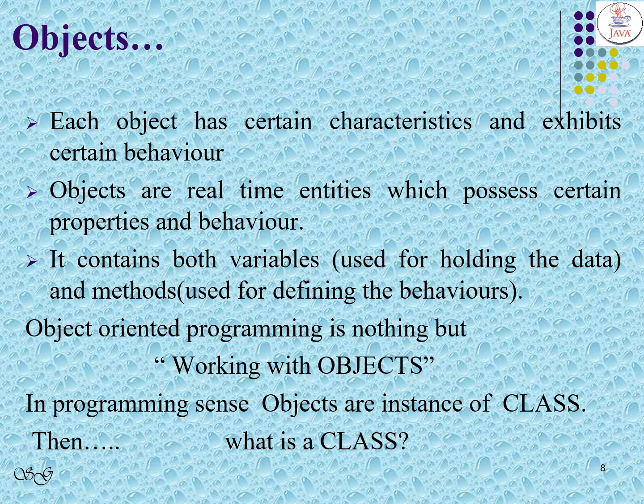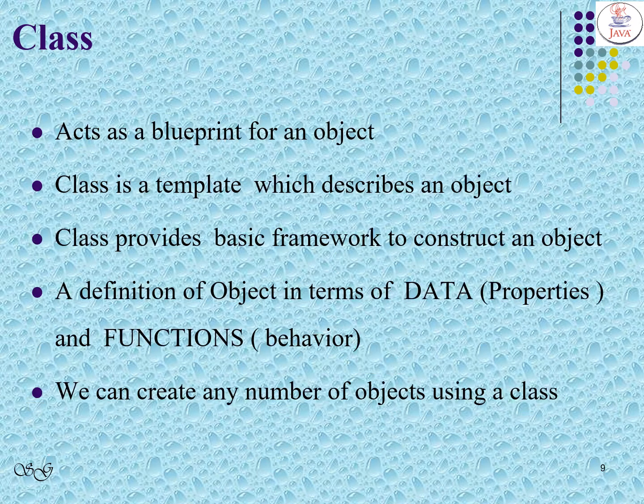Then we get a question: what is a class? Class. It acts as a blueprint for an object. It is a template which describes an object. It provides a basic framework using which I can construct an object.